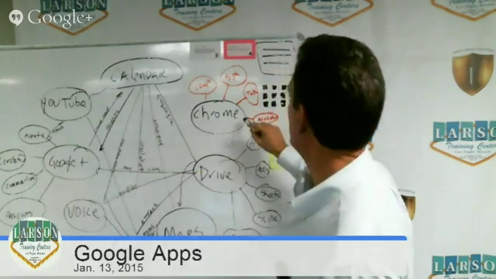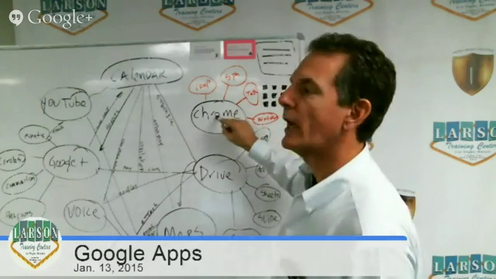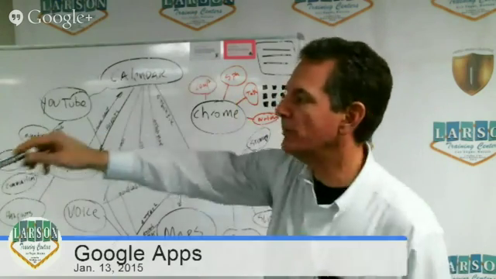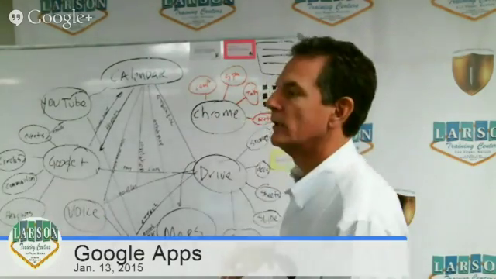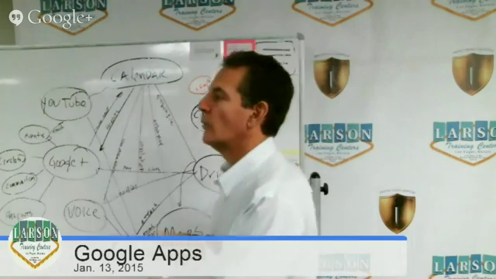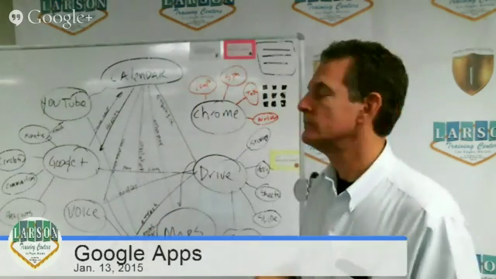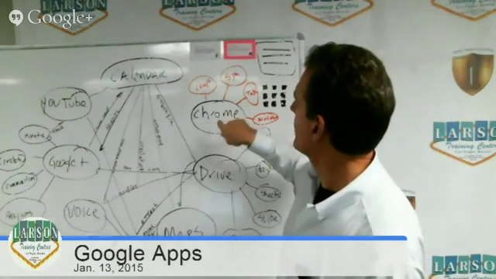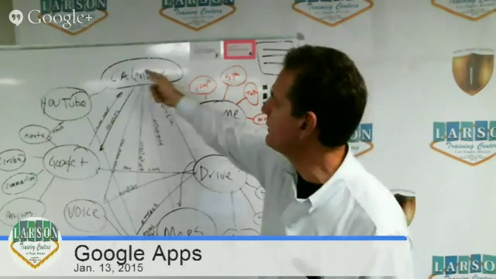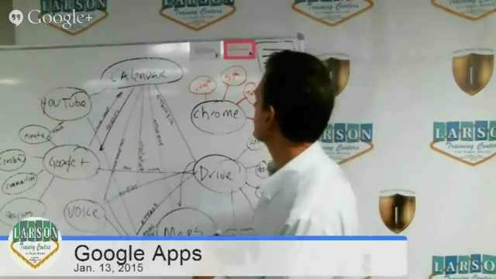But Chrome is also designed to work on your computer, on your smartphone, on your tablet, on these new watches that have the Android operating system. So you come in through this, and then you can go out to all of these applications.